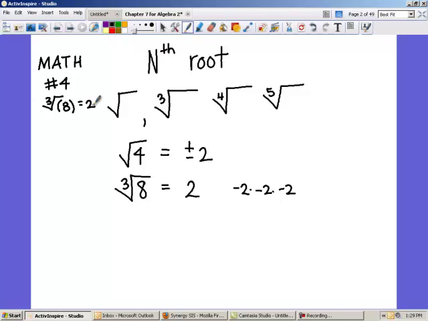Now let's say you wanted a different root, like a 4th root or a 5th root. What you're going to do first, on the blank screen of your calculator, is punch in the root that you want. Let's say we were doing the 5th root of 32. You would punch in a 5, and then hit math, and scroll down to number 5 where it looks like this, and then push enter, and then type in 32.